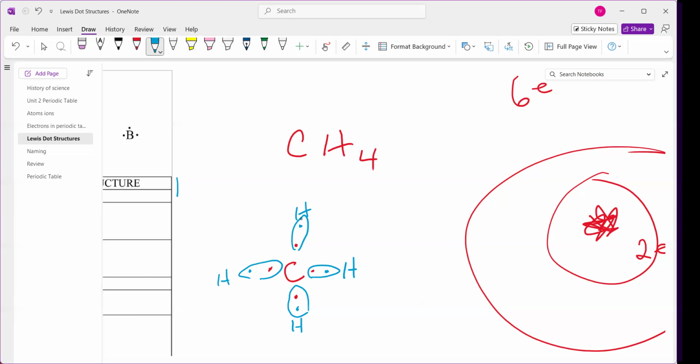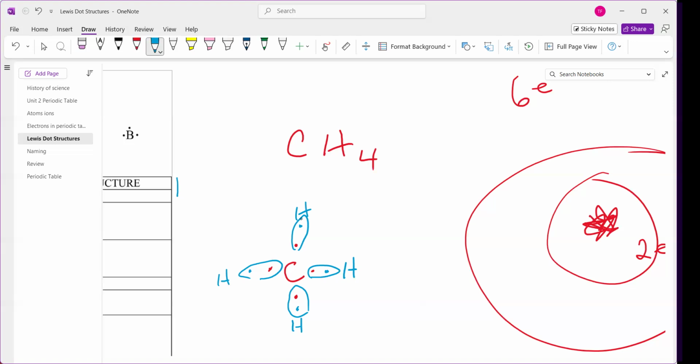Remember, valence electrons are unstable unless the outer shell is full, and that takes 8 electrons. So let's look at all the electrons, including shared ones. We have 2, 4, 6, 8 for carbon. That's a full outer shell, a full outer orbital, so carbon is stable now because it's shared.